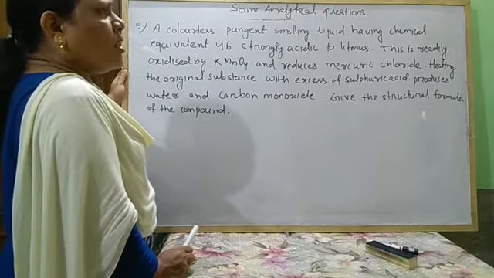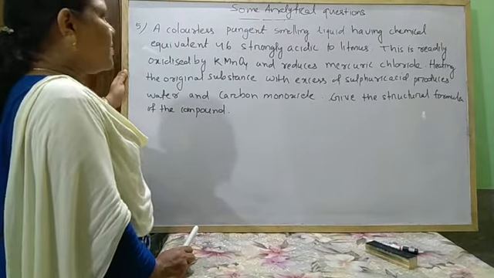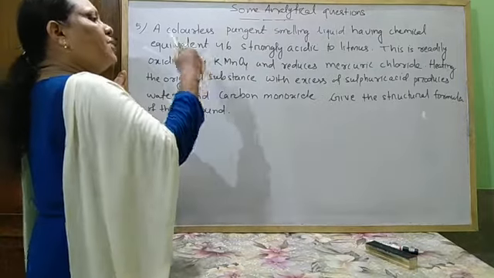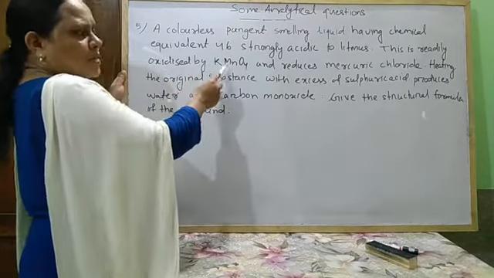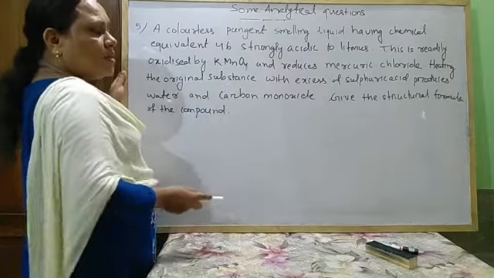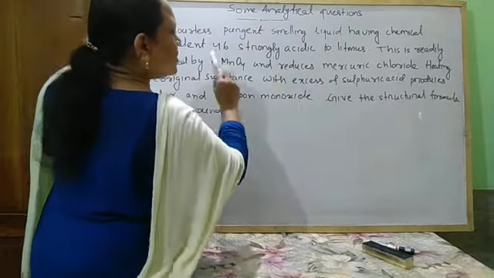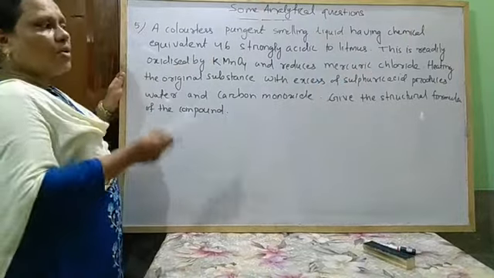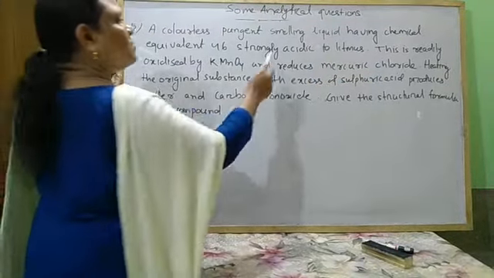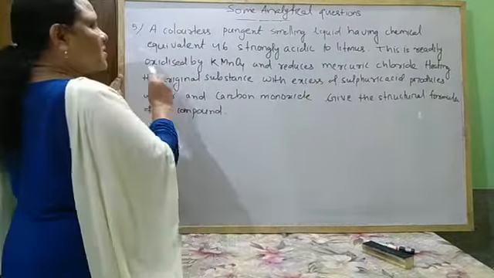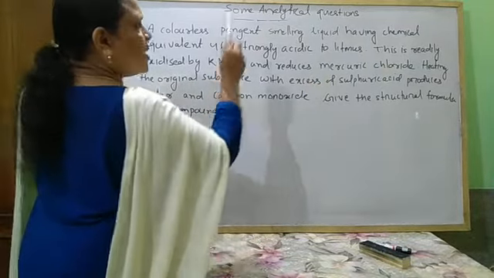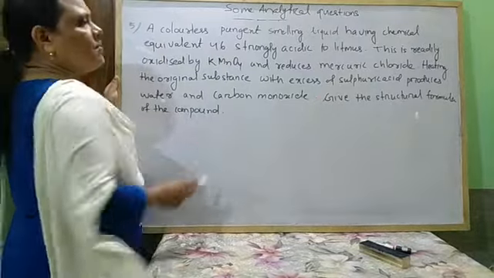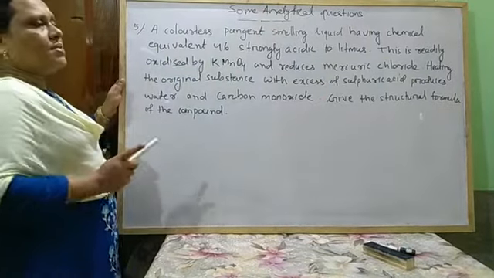Oxalic acid is also oxidized by potassium permanganate, and formic acid is also oxidized by potassium permanganate. But formic acid reduces mercuric chloride to mercurous chloride. As it is oxidized by potassium permanganate and also reduces mercuric chloride, that means that acid is formic acid.